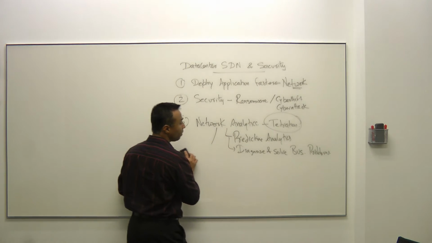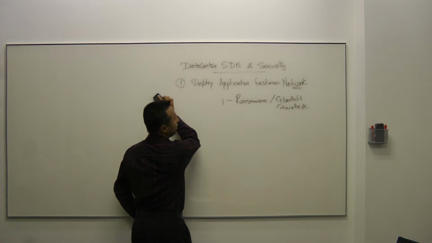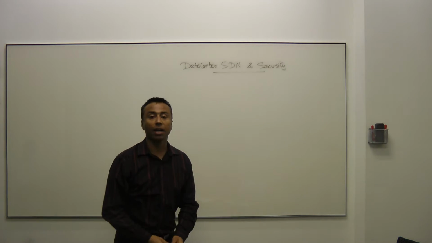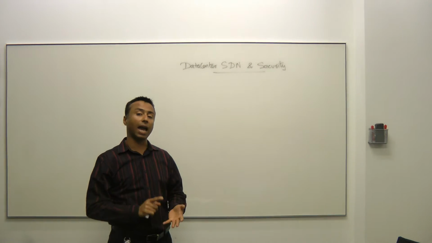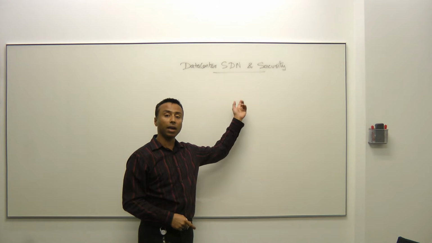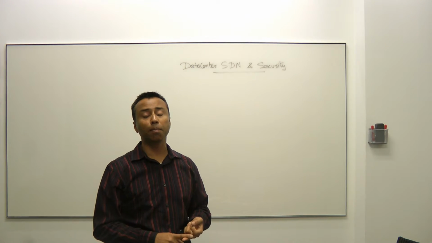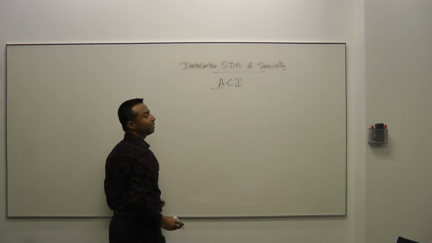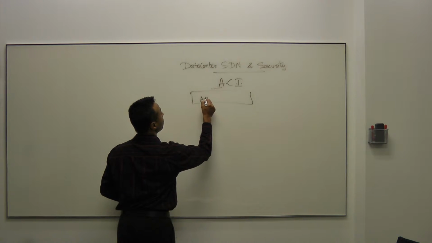So what we want to do is that we want to make sure that using a policy model, again, going back to the whole idea of policies, we want to make sure that we are able to build and provide them a network that is agile enough, it is out of the way, and it makes deployment easier, and it provides security embedded into it. So ACI, application-centric infrastructure. So here's where the rubber meets the road.